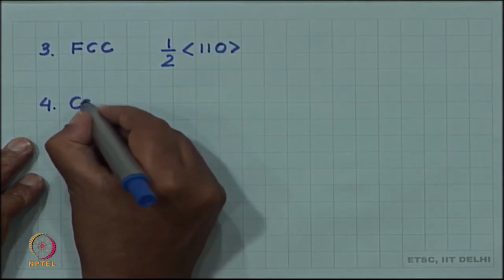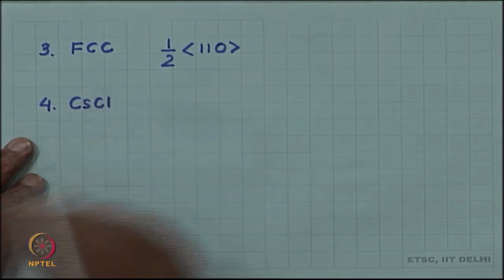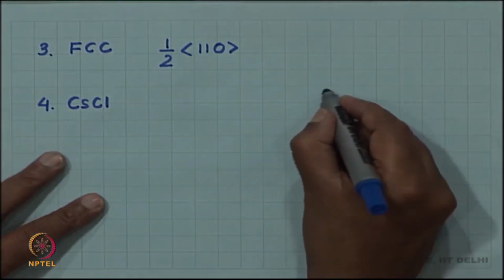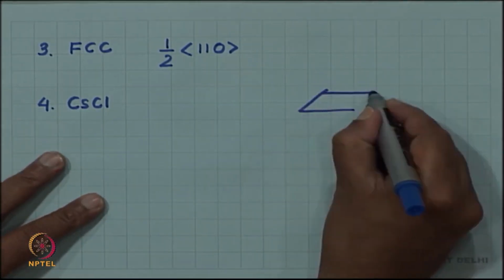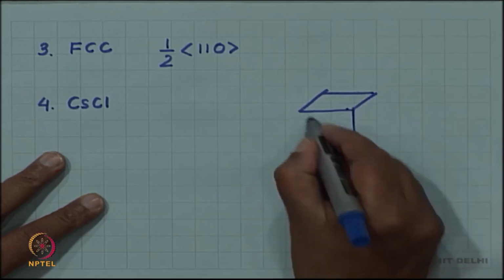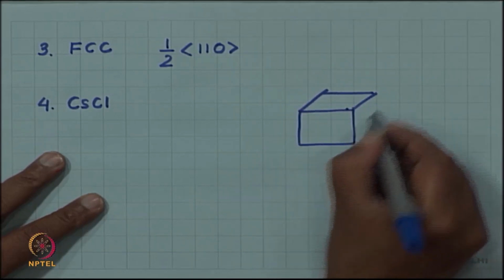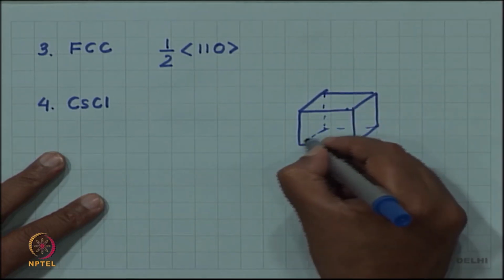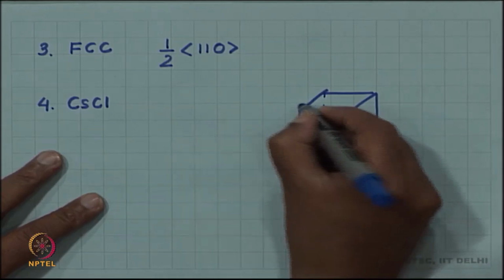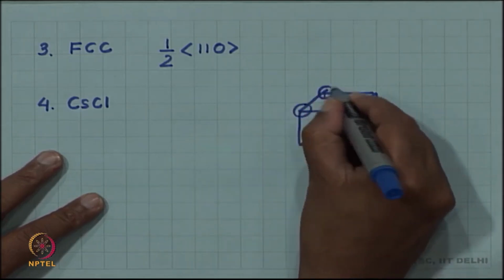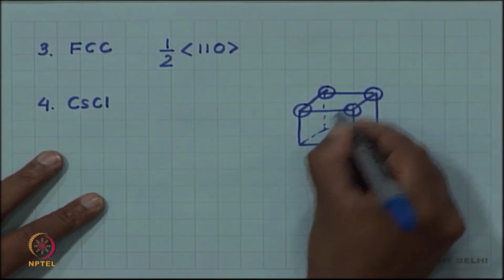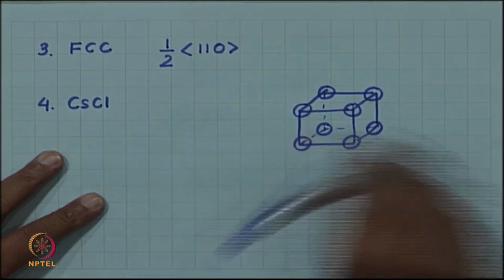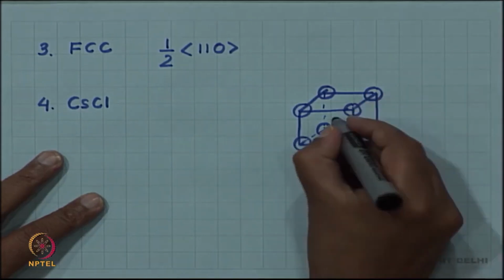For cesium chloride structure, that is an interesting case. You know that in cesium chloride, there are atoms of chlorine on the corners and there is an atom of cesium sitting in the middle.